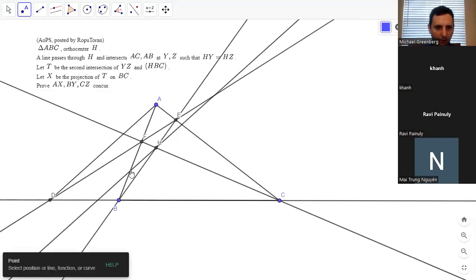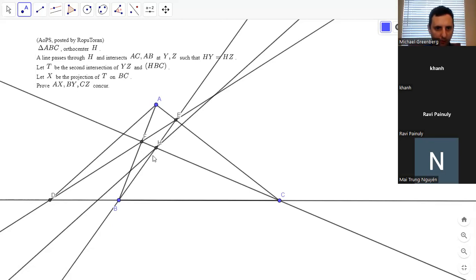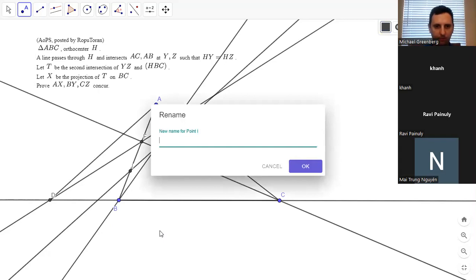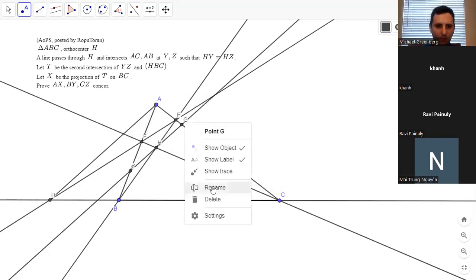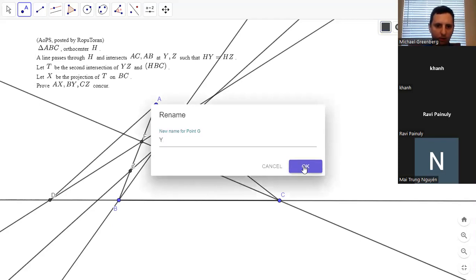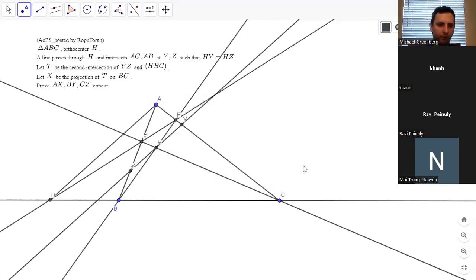And let's see, why does that work? So this should be Y and this should be Z. AH is a median of that triangle. So basically that means, oh, I think I know why that works.